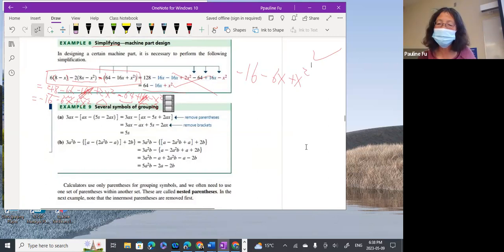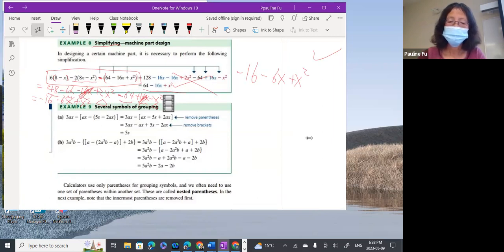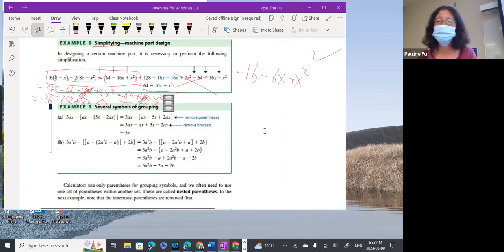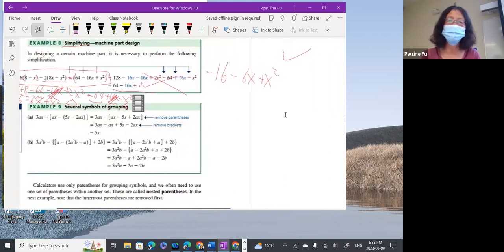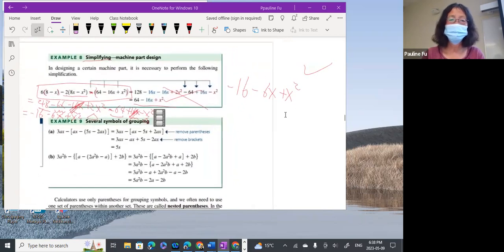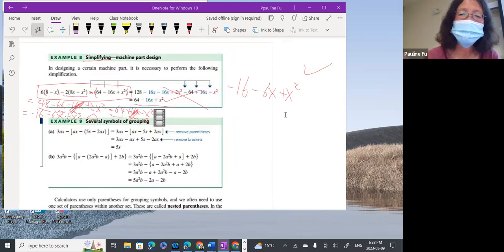I got questions. Tyler has a question, can you write down the steps? Okay, I'll redo this, okay? Sorry for my handwriting. I will copy down the original question.